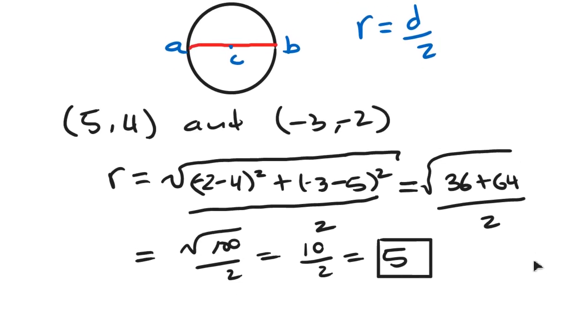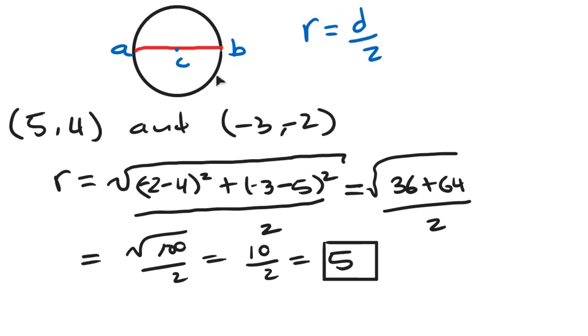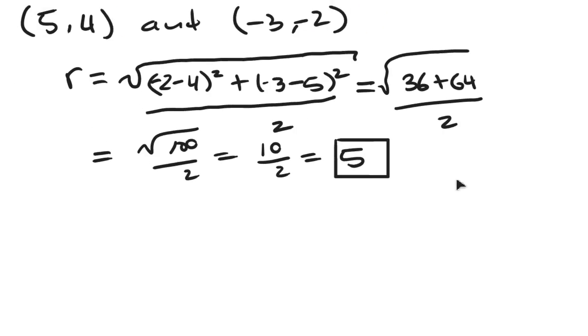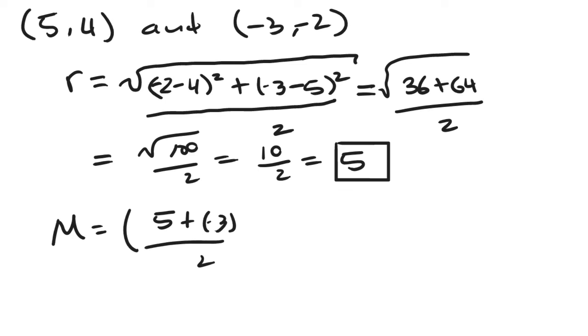Now, actually though, we're not finished because we need to find the center. So in finding the center, we need to work with the 2 endpoints, right? So the center is going to be basically the midpoint. So the midpoint is essentially just going to be 5 plus -3 divided by 2, comma, 4 plus -2 divided by 2.